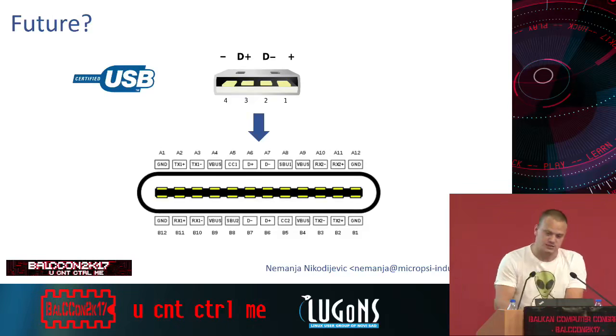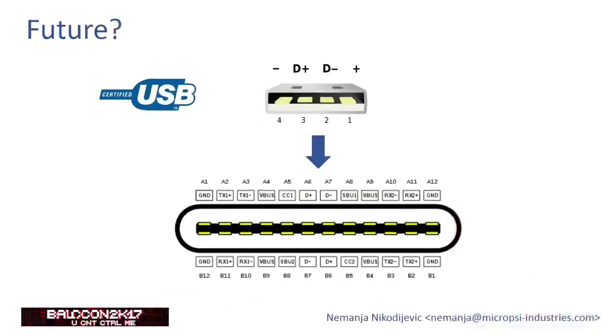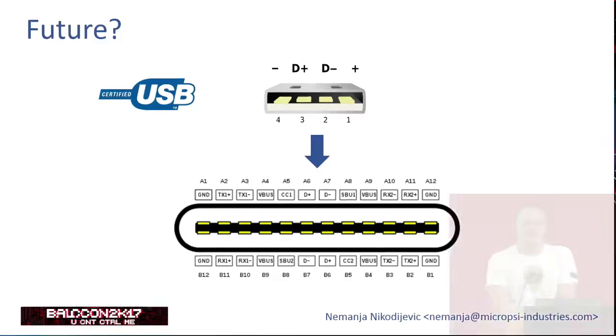USB just switched to a new version of the standard, 3.1, that includes the new plug, which is reversible. And there are also some other interesting lines there. This standard basically wants to put a chip into everything, and it's really interesting from the hacking perspective.